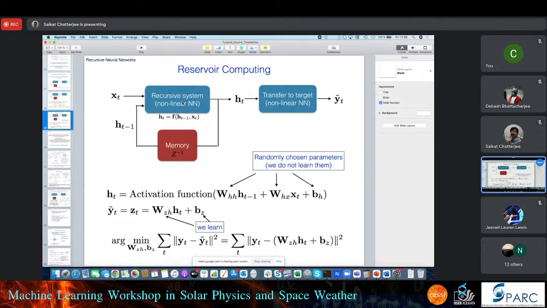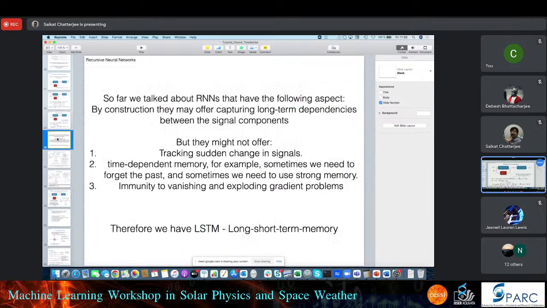But in that case, I have to learn a lot of parameters and do the gradient search, and possibly Shorangshu has told you that with multiple layers something happens, called the vanishing gradient or exploding gradient problems. So I would like immunity to vanishing and exploding gradient problems, but that might not be possible with these simple architectures which we talked about.